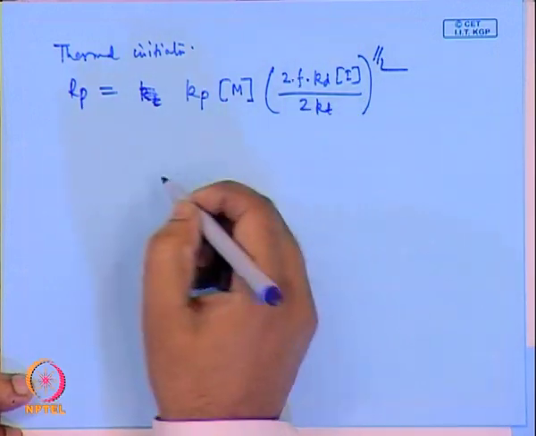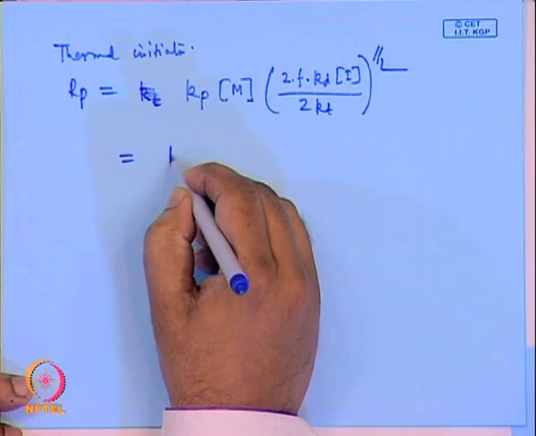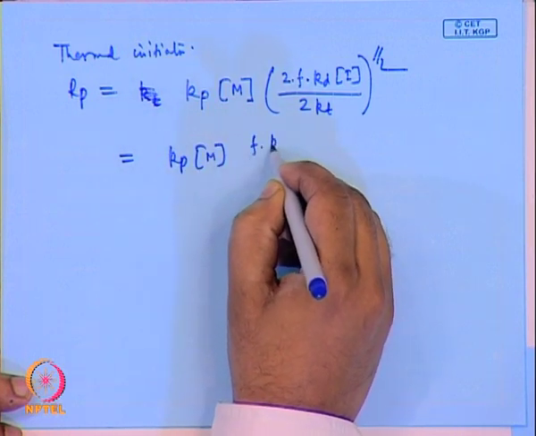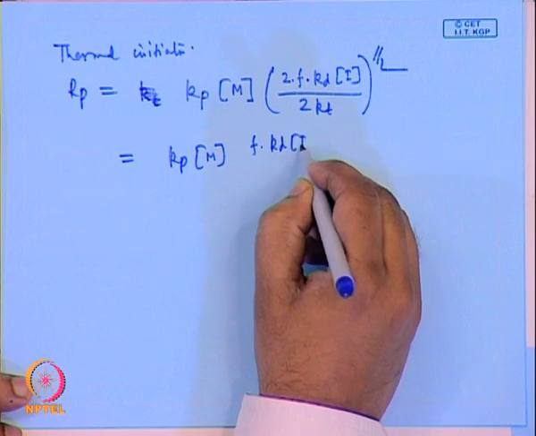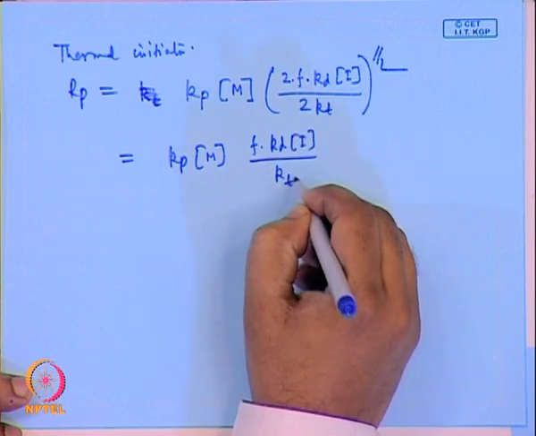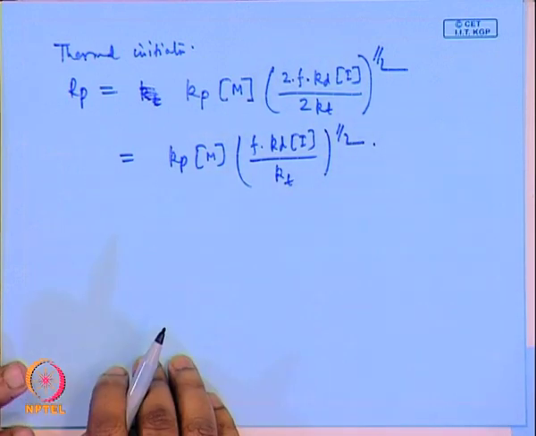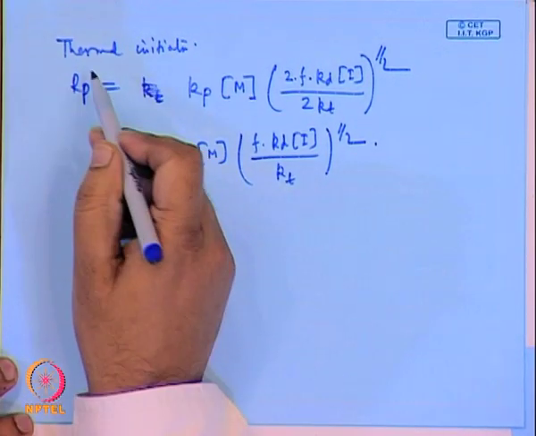These 2 cancel out. So, Rp is Kp m F Kd I over Kt, to the power half. Okay. Now, this is for thermal initiator.